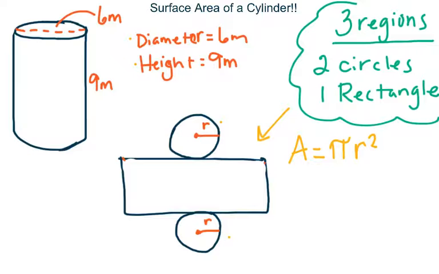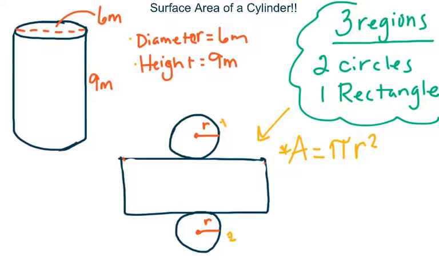If the radius is 3 in our case, because the diameter is 6 and we divide it in half, the radius times the radius would be 3 times 3. Not 3 times 2, even though we think that and it looks like it would be right. Remember, it's not. We actually have 2 that use this, because we have one circle and the other circle over here.